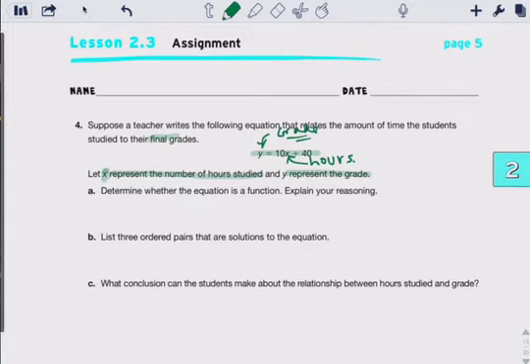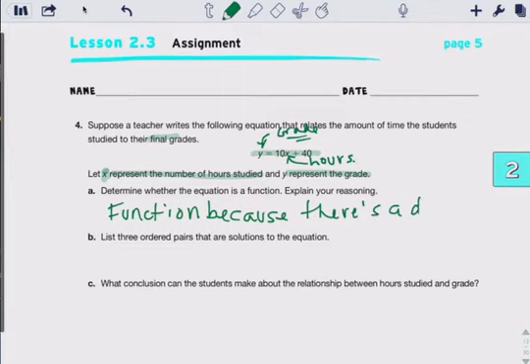It's a function. This is a function because there's a different x every time.